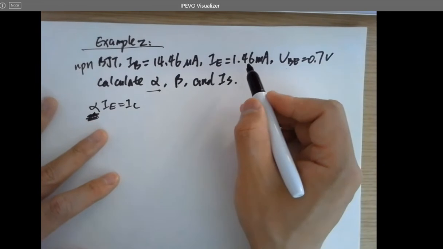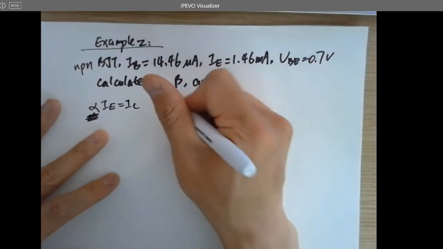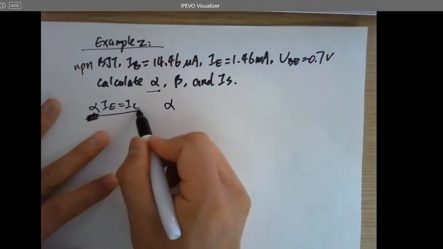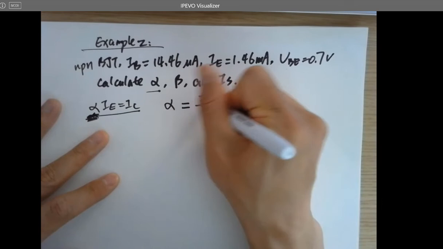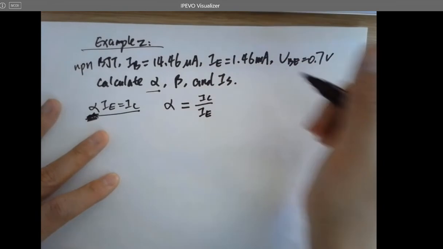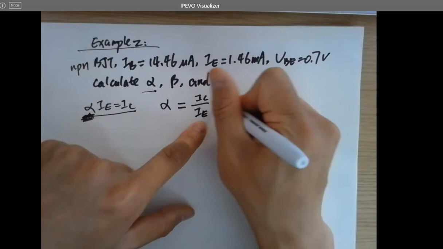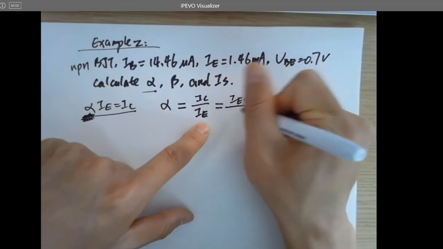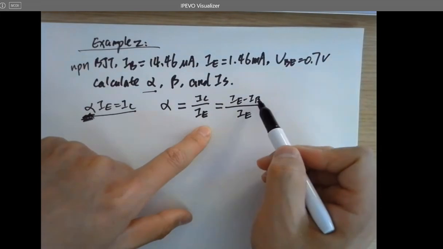So first let's calculate alpha. Alpha equals, according to this, IC over IE, right, from here. IC is IE minus IB, and this is IE.